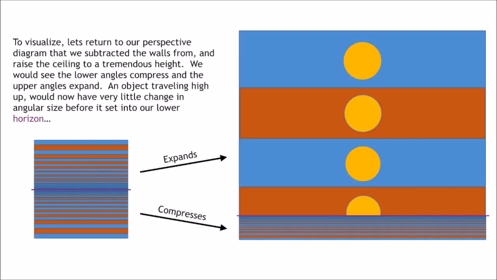Again, we have met theta along the bottom, but we did not reach it along the top. But the object along the top has correspondingly expanded its angular size if it is viewed high up in altitude, and as it goes down, it will eventually meet the lower horizon line and set within it.